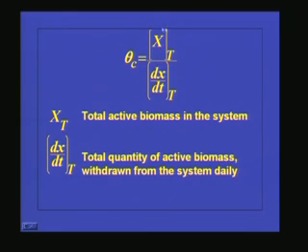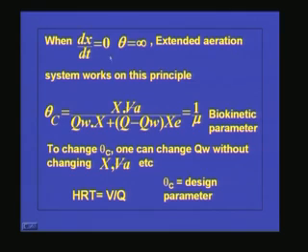That is nothing but the total biomass concentration divided by the biomass wasted from the system daily. Okay. Here ST is the total active biomass in the system, and dx by dt is the total quantity of active biomass withdrawn from the system daily. So, we will be getting theta C in terms of days.